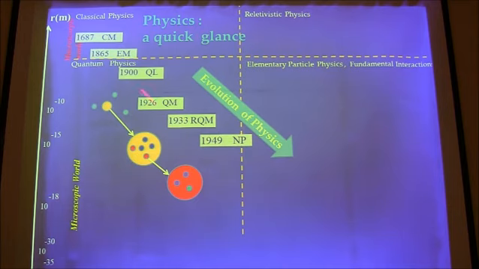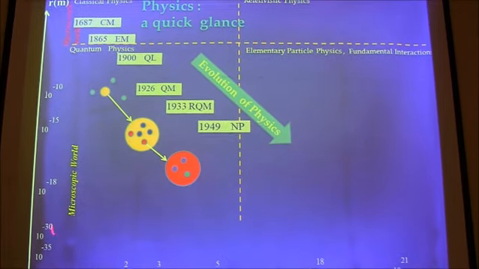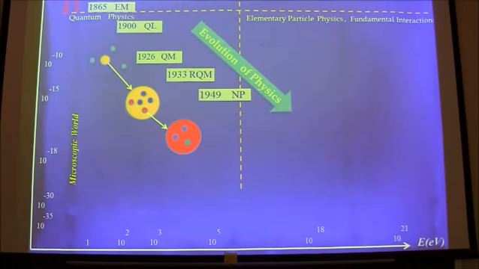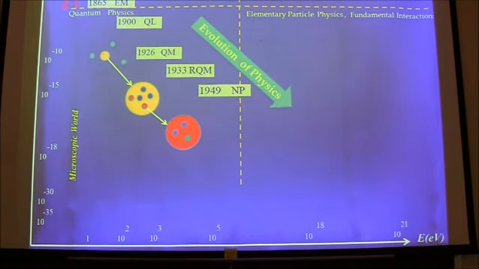Because the history of physics evolved in the diagonal direction because you cannot go down a vertical line. If you want to go to small distances, the price to pay is higher energy. To go to smaller distances, you have to pay the price by adding more energy.